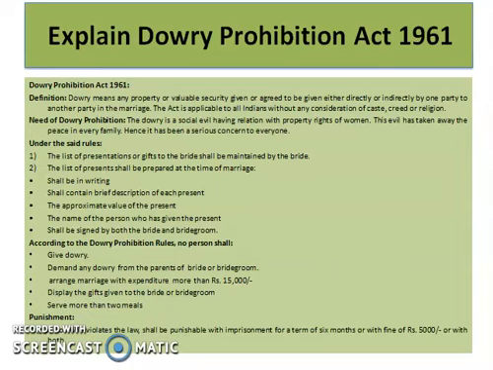Dowry means any property or valuable security given or agreed to be given either directly or indirectly by one party to another party in the marriage. The Act is applicable to all Indians without any consideration of caste, creed, or religion.